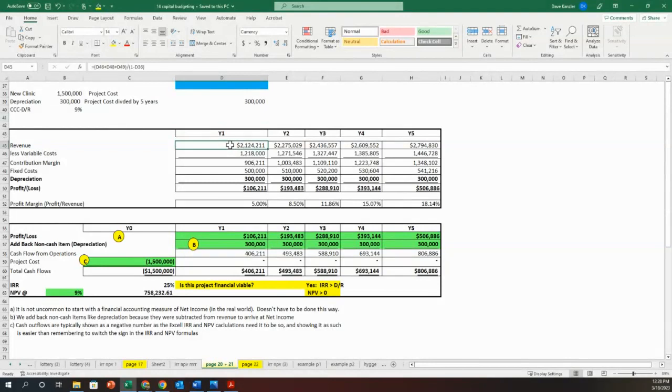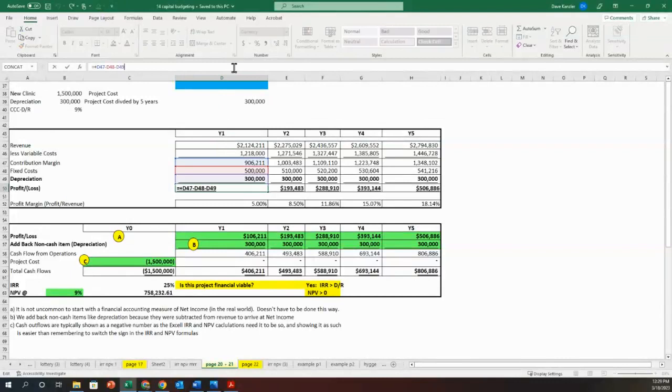So the first thing we do is build our typical financial model, like the kind of stuff we did in chapter 5 or throughout the first part of the class. We've got our revenue, less our variable costs, giving our contribution margin. We have our fixed costs, we have depreciation, we subtract, again, I didn't show these as negatives, but you get it.